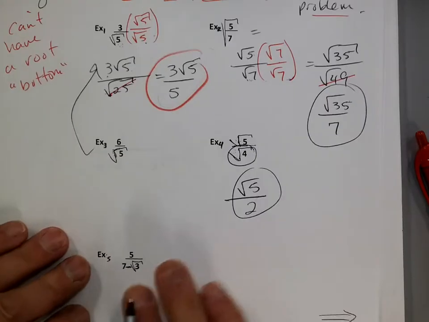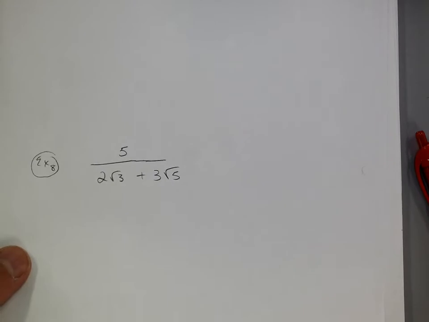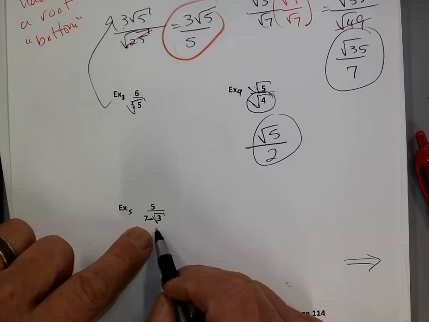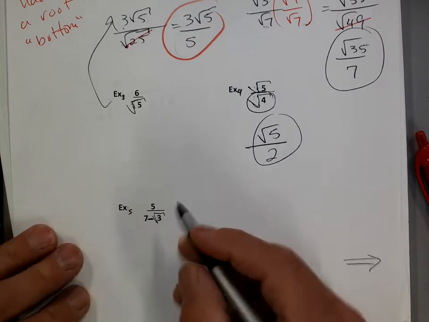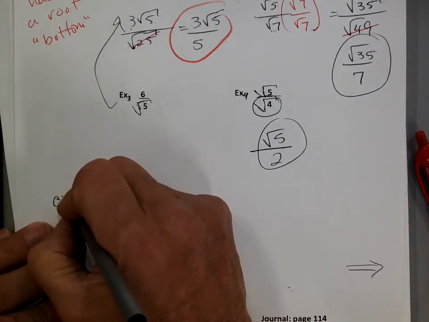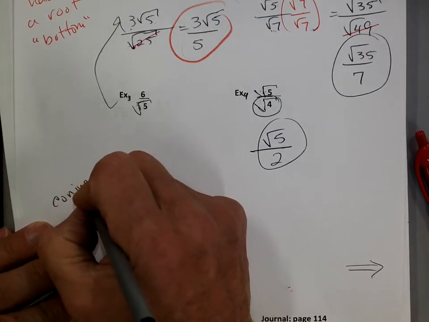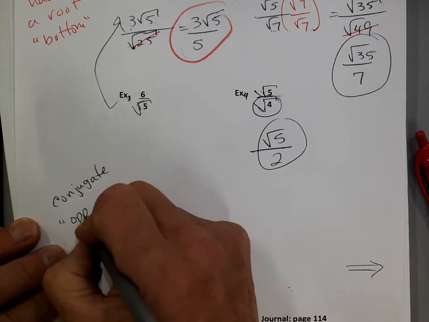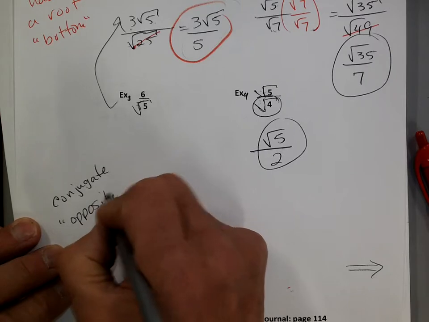You have to multiply because of the negative here, and I've got one on the back too that shows it as a positive. If you get 2 terms on the bottom, you have to multiply by a thing called the conjugate, which is like the opposite. Let me show you.